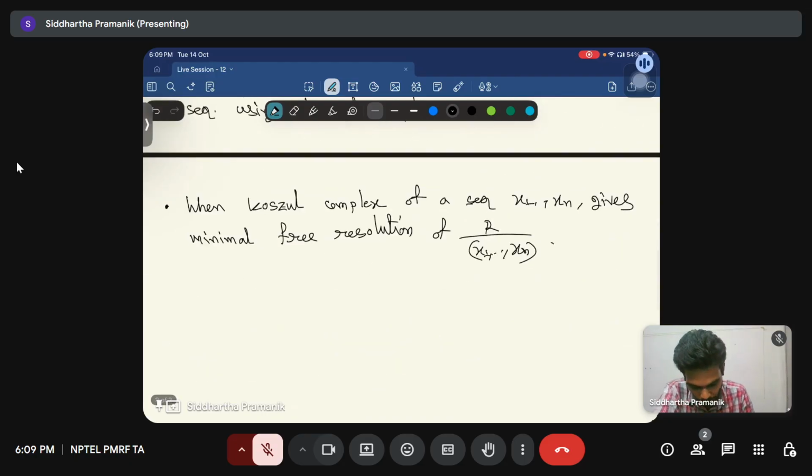And after that, we have defined projective dimension.